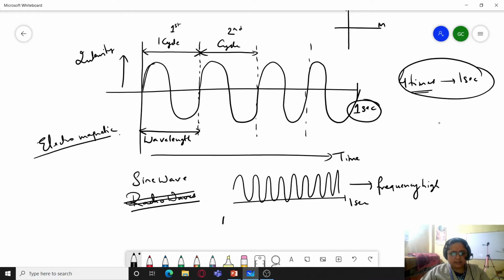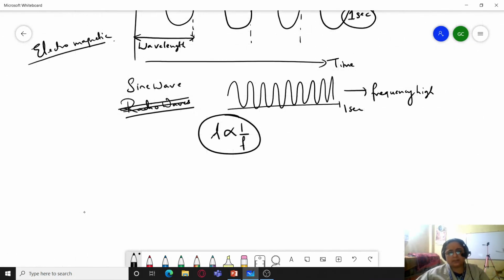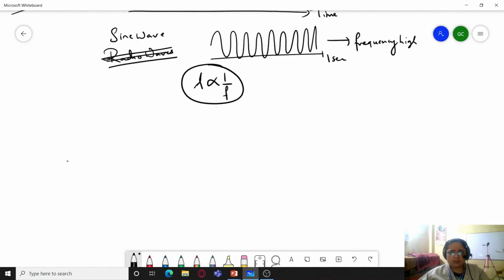And wavelength is represented by lambda, which is inversely proportional to frequency. So the higher the wavelength, the lower the frequency. Here you can see that the wavelength is less because the distance covered by the wave in one cycle is less if the frequency is more.